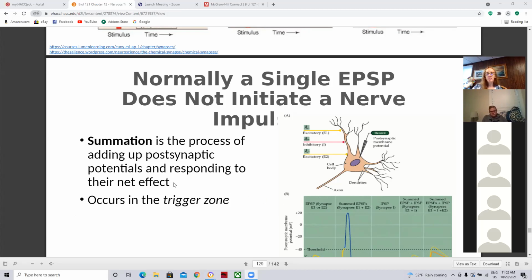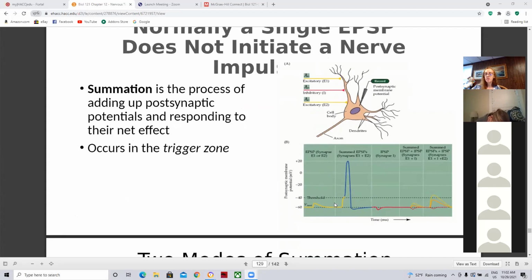So summation is a process of adding multiple postsynaptic potentials and responding to their net effect. Multiple ones come together to produce larger ones or cancel one another out.